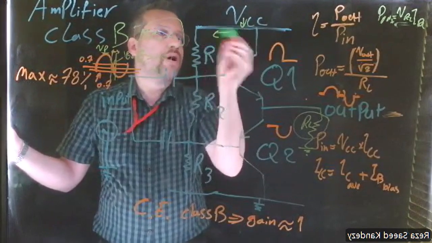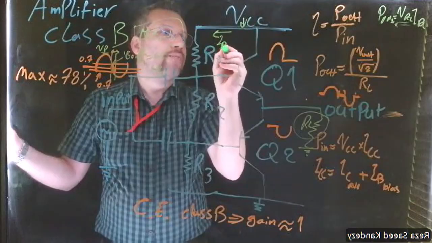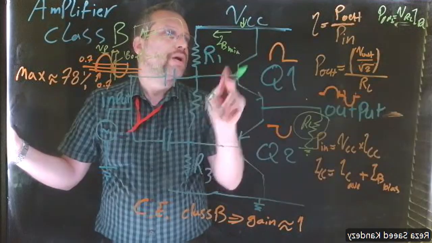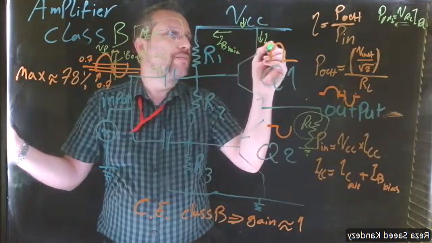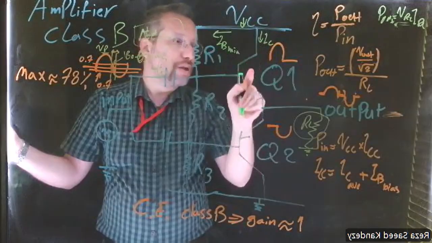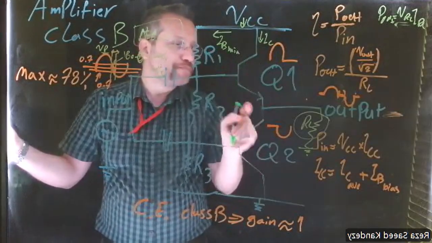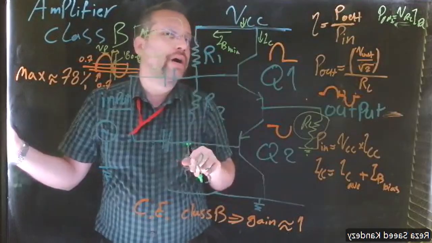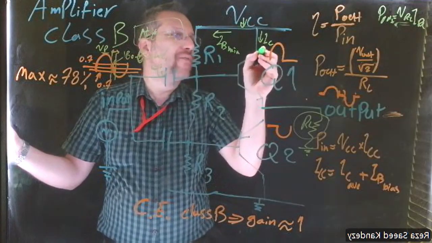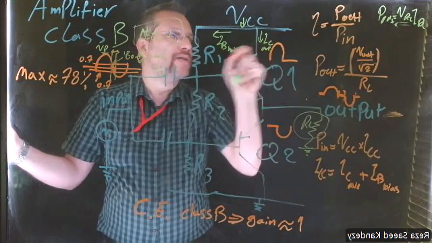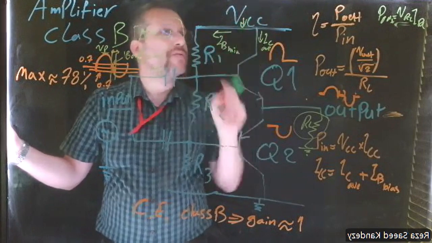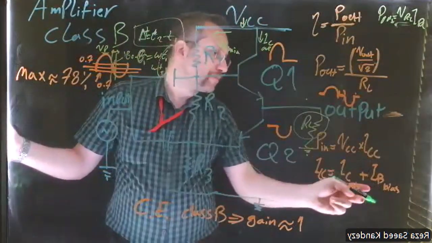One is the current for biasing the base, and the other is based on the AC collector current. Since there is off time in each of these Qs, in each of the switches, we need to calculate the average of IC.